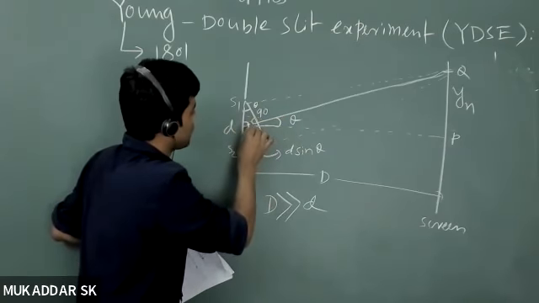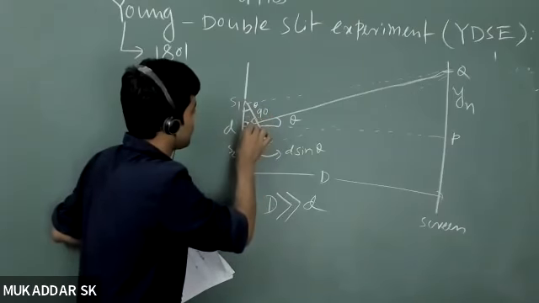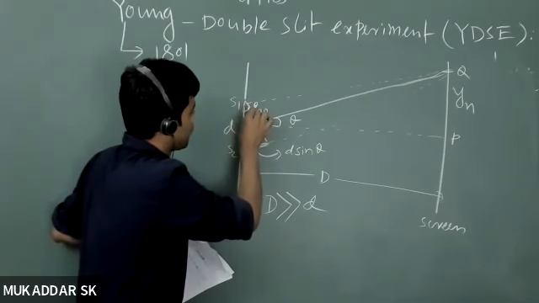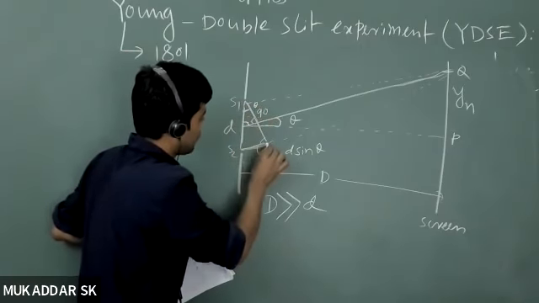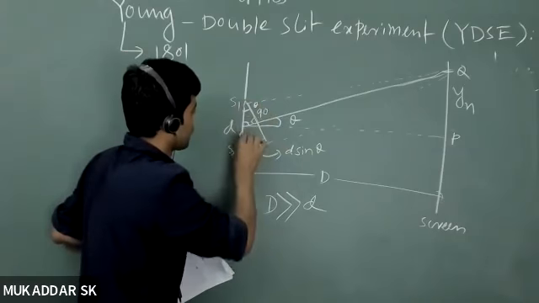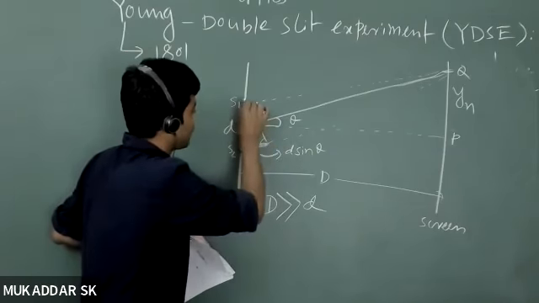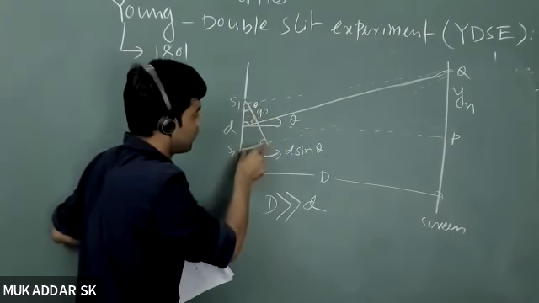So if you assume this is your triangle, with this angle 90 degrees and this 90 minus theta, obviously this angle will be theta, so that the sum is 180. So this is your theta, this is the perpendicular, this is the hypotenuse, and this is the base. I have to calculate this perpendicular, which is the path difference between S1Q and S2Q.